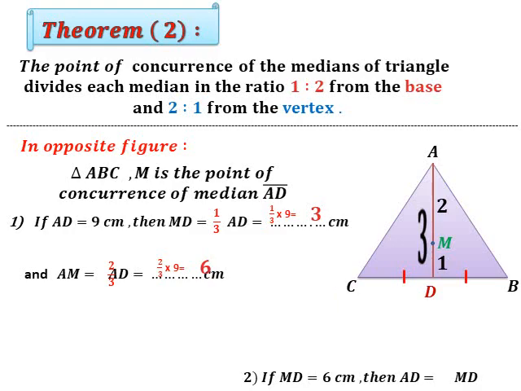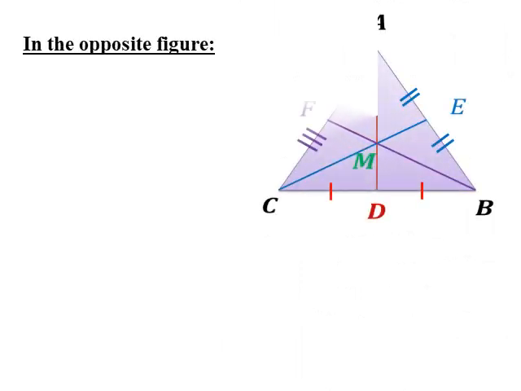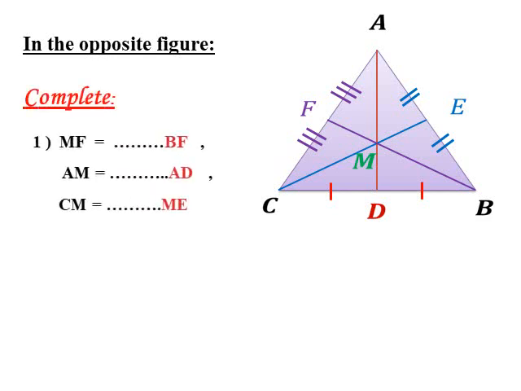Give me attention here. In the opposite figure, we found that M here is the centroid of medians. Complete: MF equals how much of BF? Where is MF?